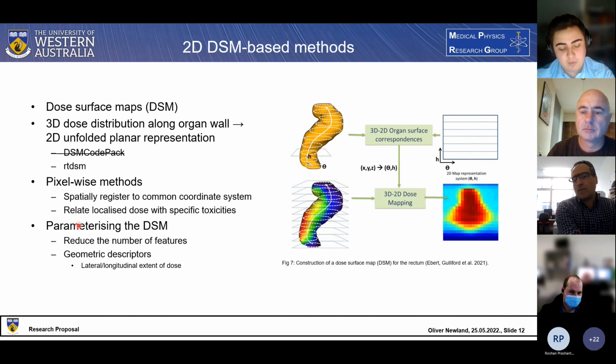Or if you're looking at the second method of parameterizing DSMs, then you could just directly compare the numbers. If you're comparing extents, you could look at the standard deviations there.